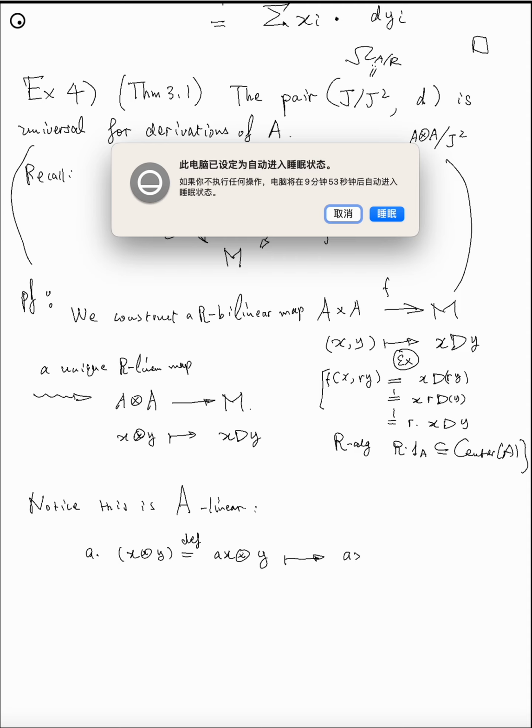And so this is the map of x dy, let's call this f tilde, so f tilde of a times x tensor y equals a times f tilde of x tensor y, right? And so this is A-linear.